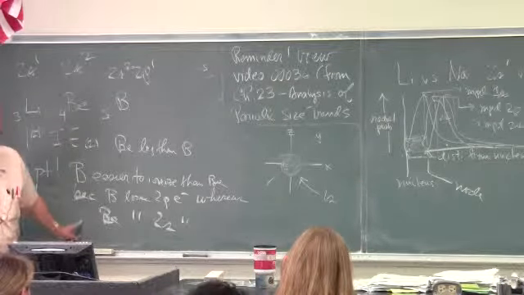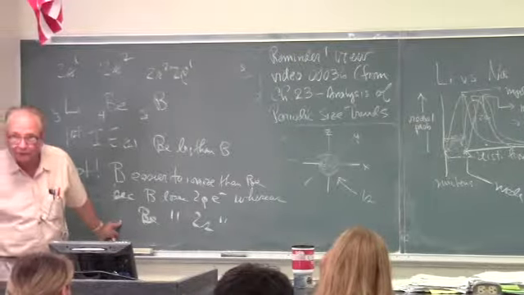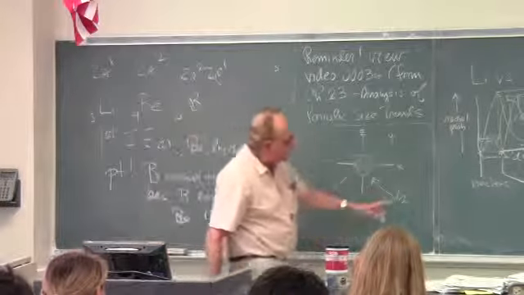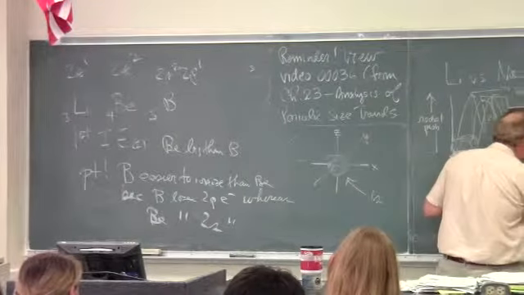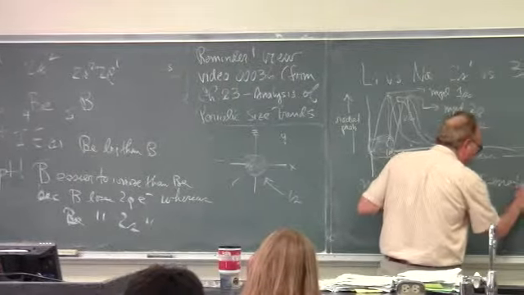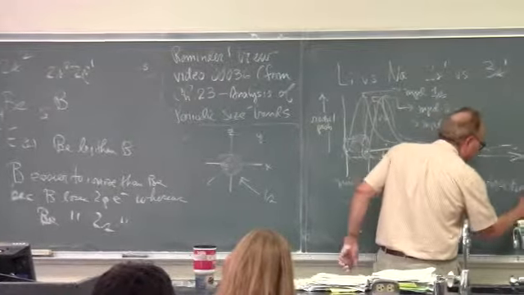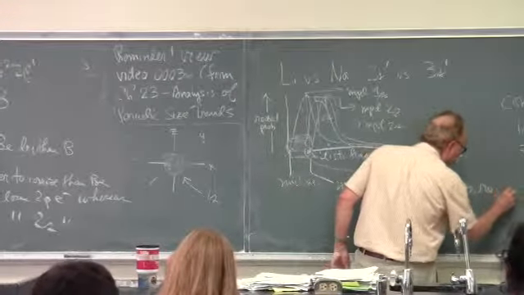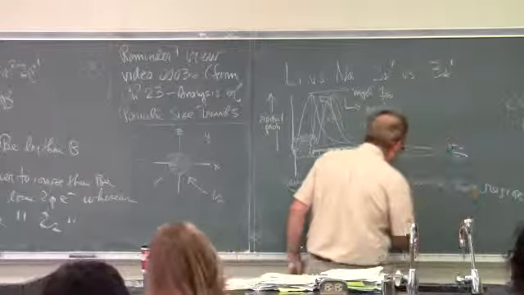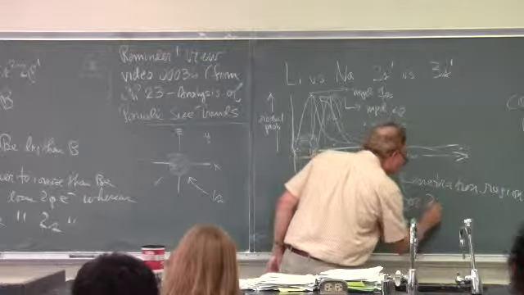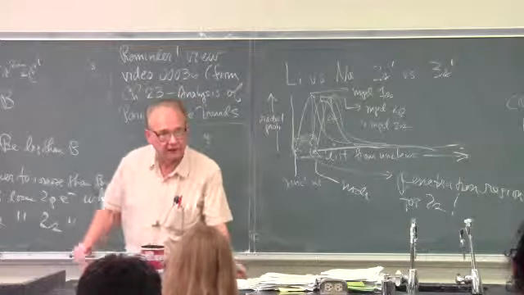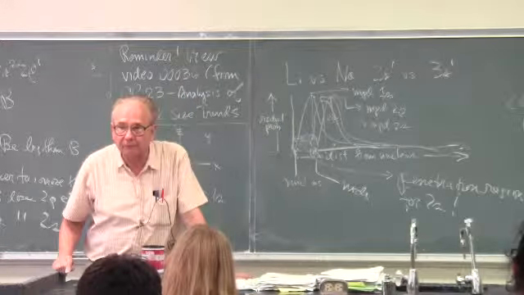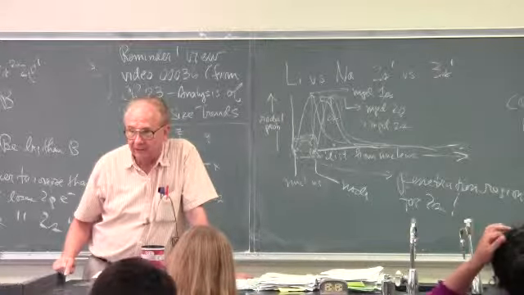And losing the 2s electron is more difficult than losing the 2p electron because of this business. Penetration region for 2s, which is not part of the probability for the 2p electron.